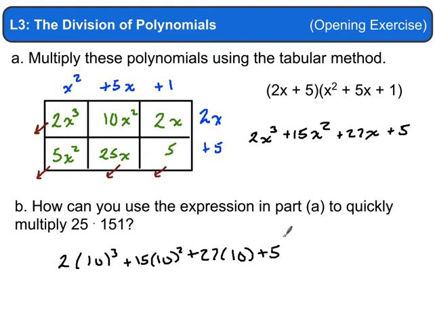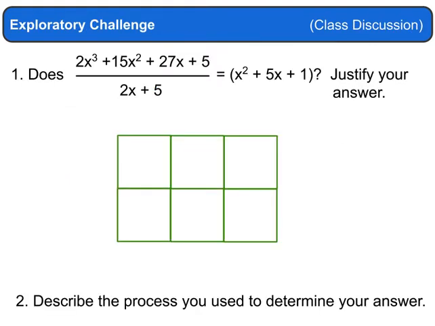Again, this lesson is going to primarily be about dividing polynomials, still using the tabular method. So this is kind of an exploratory idea, something to think about: does 2x to the third plus 15x squared plus 27x plus 5 divide by 2x plus 5?